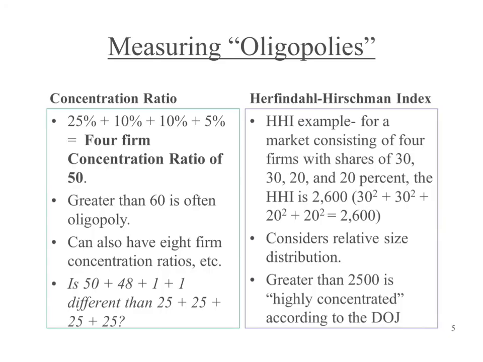Okay, I know this slide is kind of funky, but this really relates to how do we know if an industry is a monopolistic competition type of industry or if it's going to be an oligopoly. And this is sometimes a fine line, right?